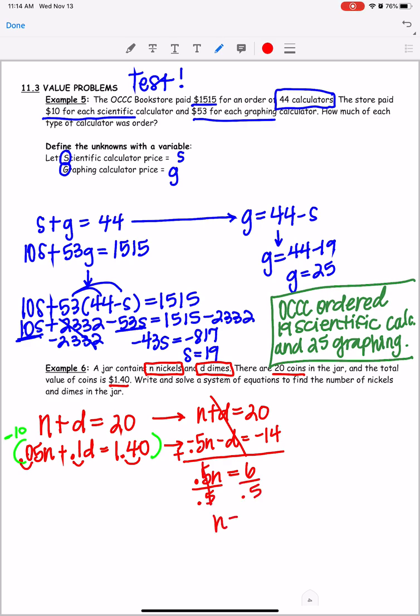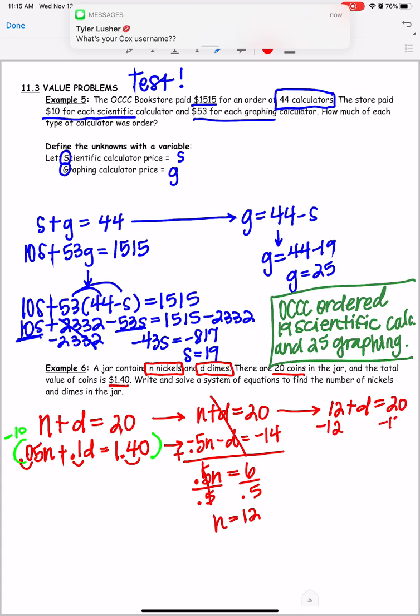And we get n to equal 12. So now plug that in. Easiest one to plug this into is this top one. So we have 12 plus D equals 20. Subtract that 12 over, and we'll get D equals 8.